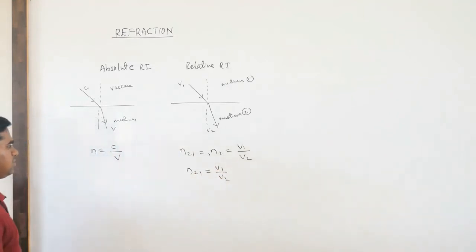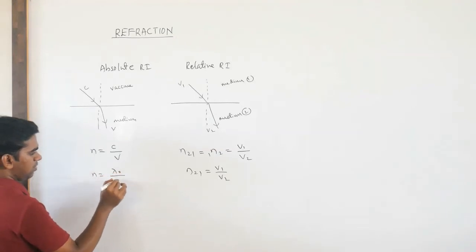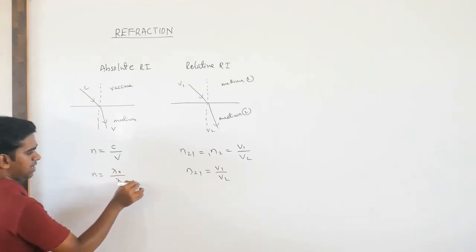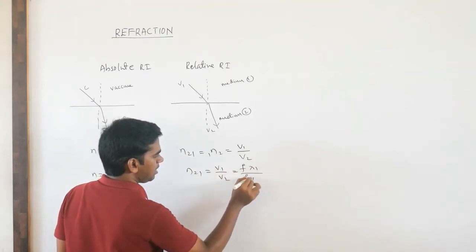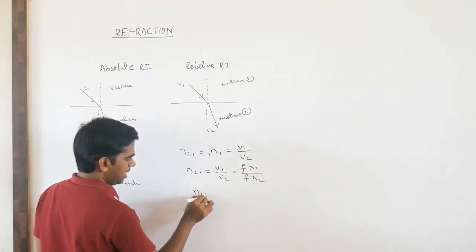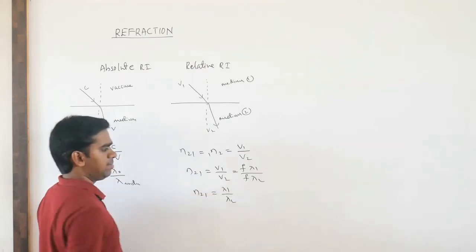If you want to write in terms of wavelength, n equals c by lambda naught, that is, lambda naught divided by lambda in the medium. So f lambda 1 divided by f lambda 2. So n21 you can also write as lambda 1 by lambda 2.